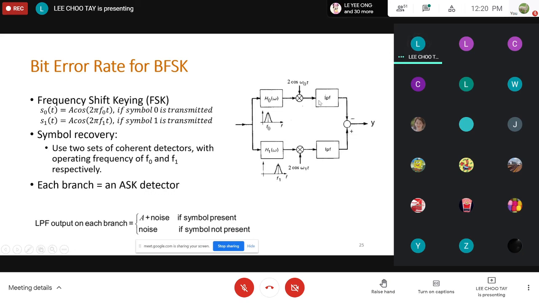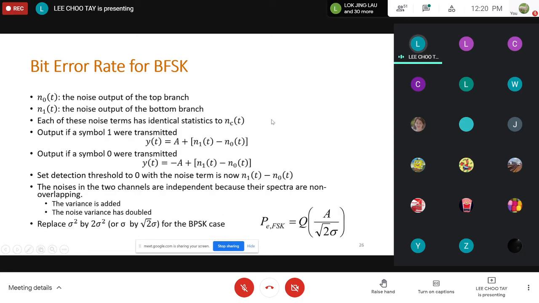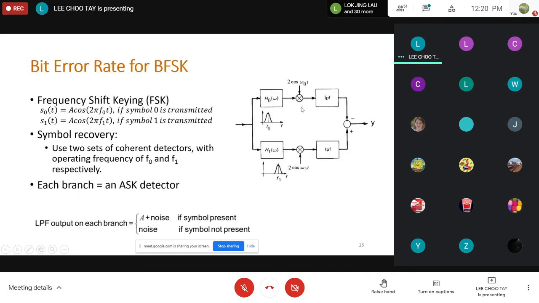Now, if you look at these two, each branch is behaving like an ASK detector. So the output of each branch will consist of the amplitude plus noise if a symbol is present. If a symbol is not present, then the low pass filter will only pass noise through.